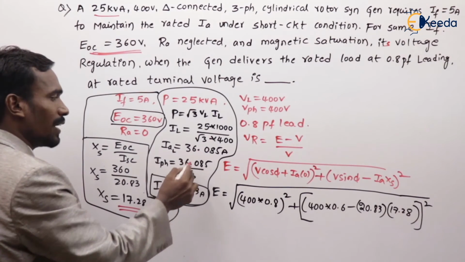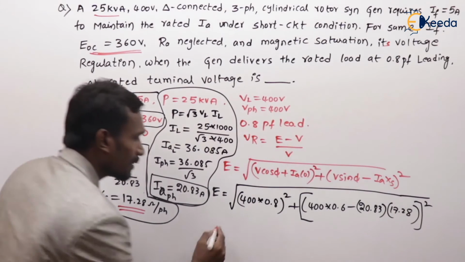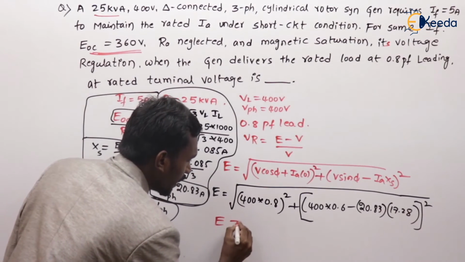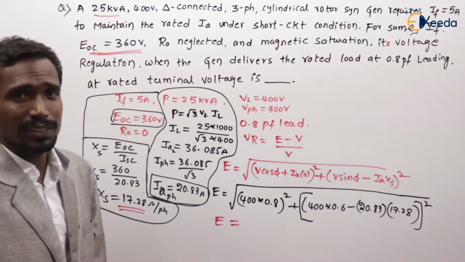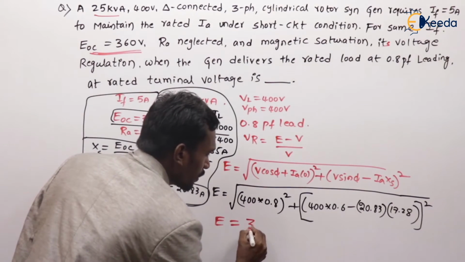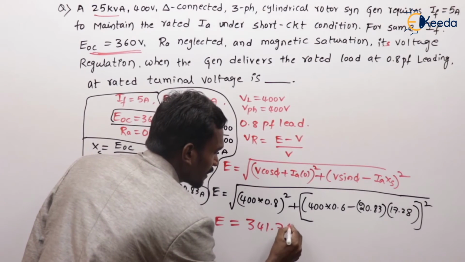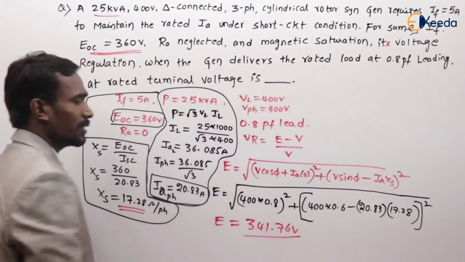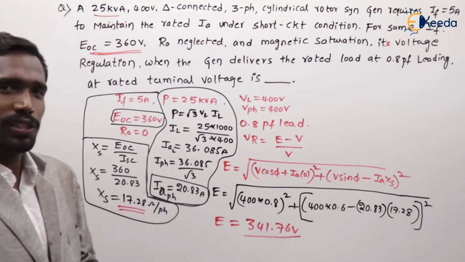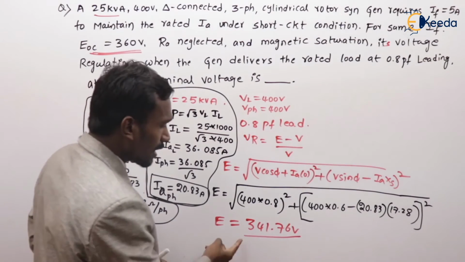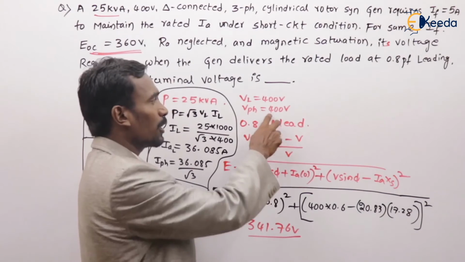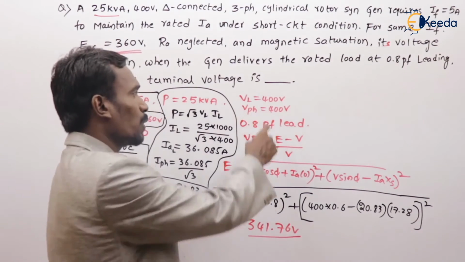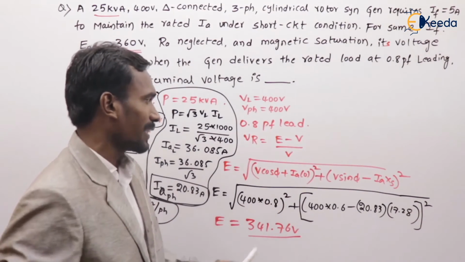Then the EMF E is equal to 341.76 volts. This is the no load voltage. Because of the leading load, the no load voltage is less than the full load voltage.